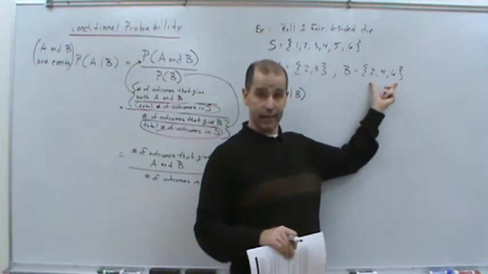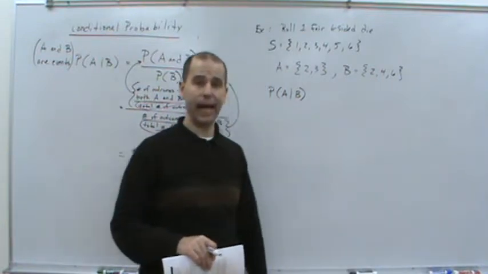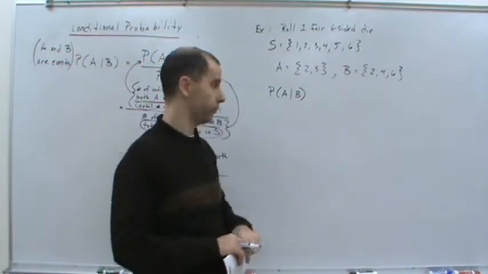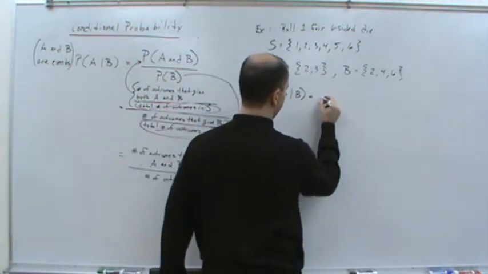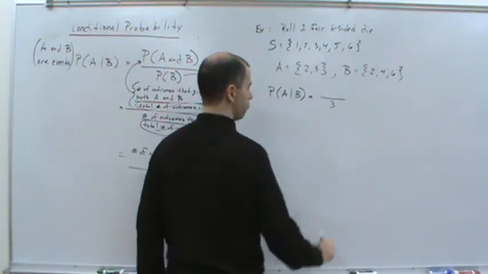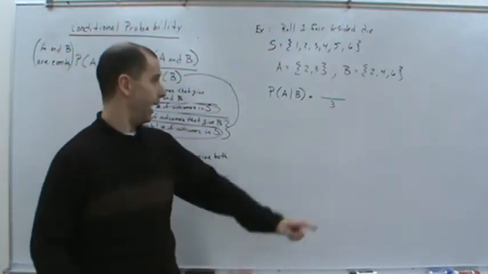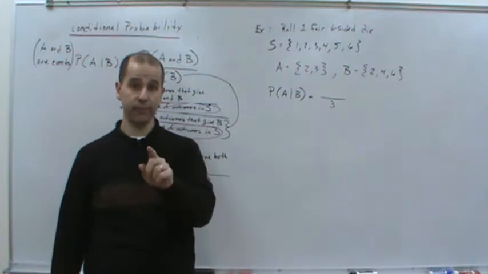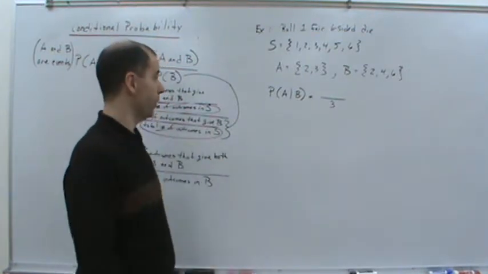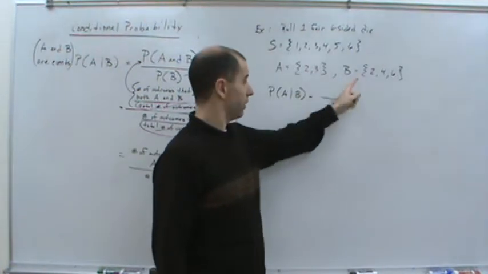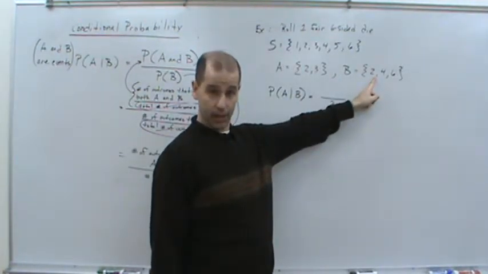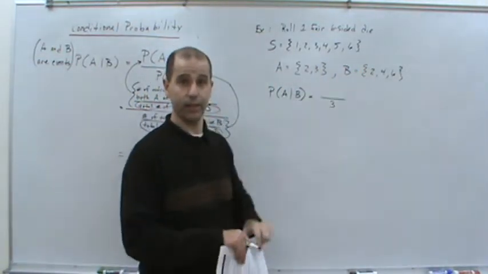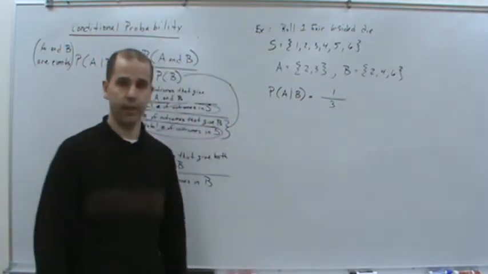My new sample space is B. How many outcomes do I have in B? I have 3. Now, out of the possible outcomes in B, how many of those outcomes will give me A? There's only one, the 2. If 2 occurs, then A has occurred. So that's 1 out of 3. The answer is 1/3.